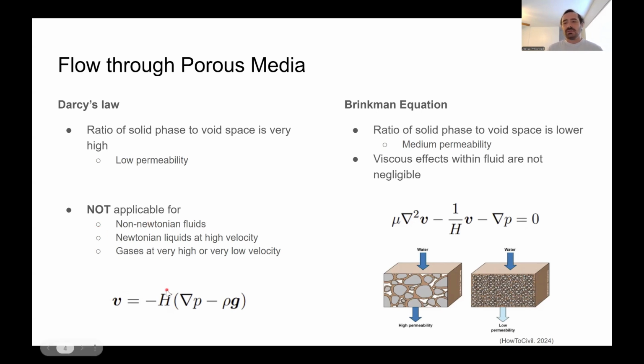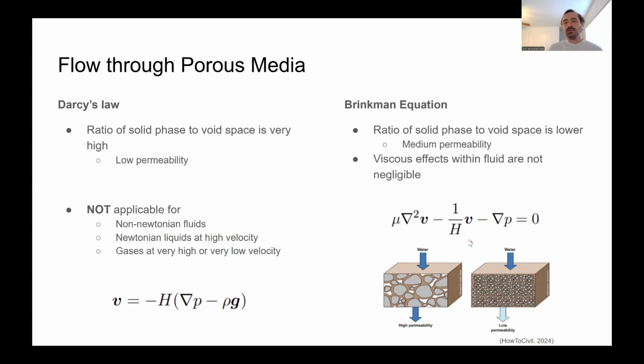Darcy's law also assumes that the viscous effects within the fluid are negligible compared to those between the fluid and the solid interface. When the permeability is higher, or when there's less solid phase and more void space, then that assumption that the viscous effects within the fluid are negligible may not be applicable. And as a result, for this system on the left, we may want to use the Brinkman equation to model the fluid flow.